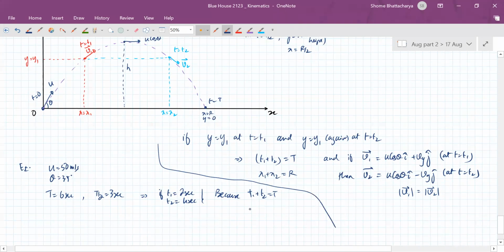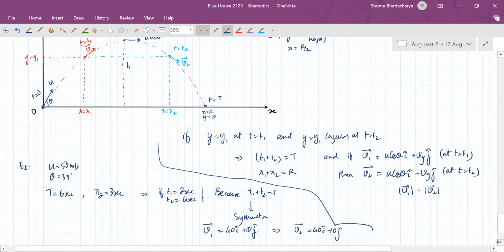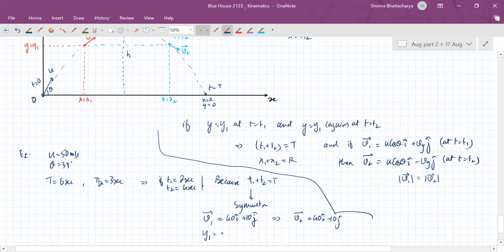So V1 was 40 i cap plus 10 j cap, and V2 was 40 i cap minus 10 j cap. The y coordinate at t1 was 40 meters, and the y coordinate at t2 was also 40 meters. It's not surprising that we got that symmetry.